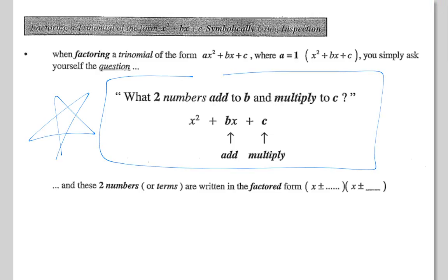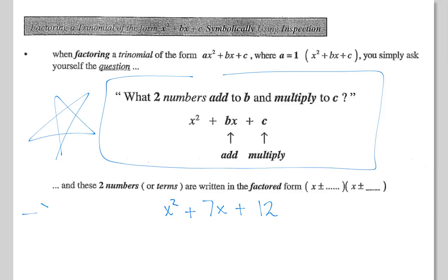Okay, so let's do one together underneath so you can see right underneath this example. Okay, what's the A value? What's the B value? What's the C value? 12. Okay, so I need two special numbers that will multiply to 12.